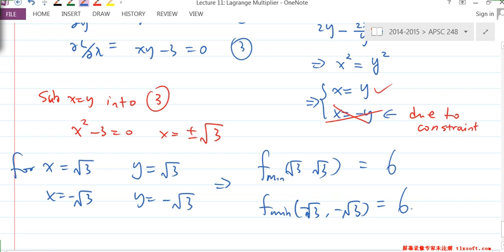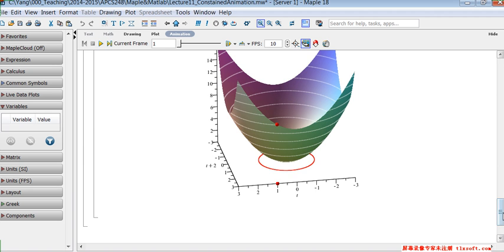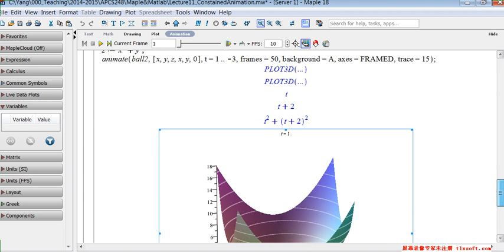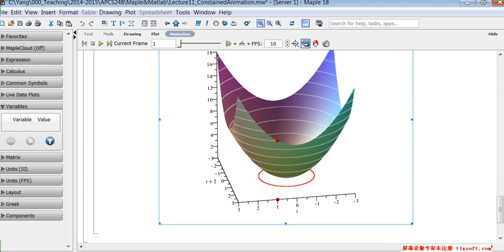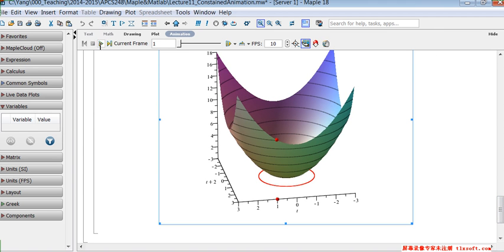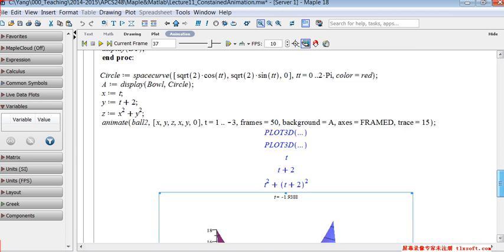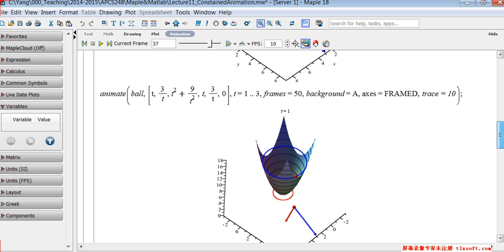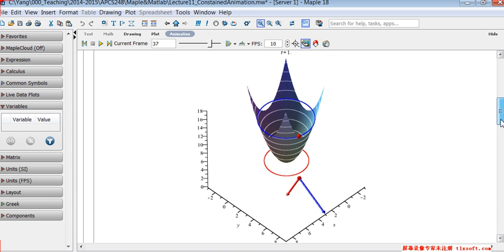Okay. So I'll show you this animation here to have a better look at this thing here. Let me see, is that this over here? No, this guy. Here. Yeah. So this is the function x squared plus y squared.